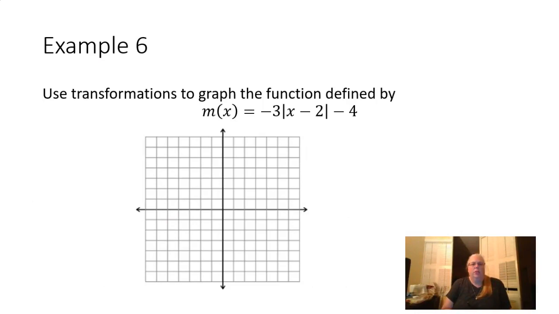Example 6. Use transformations to graph the function defined by m of x is equal to -3 times the absolute value of x minus 2, minus 4. Our parent graph for this one is going to be the absolute value graph.